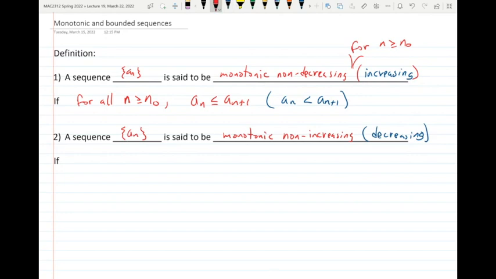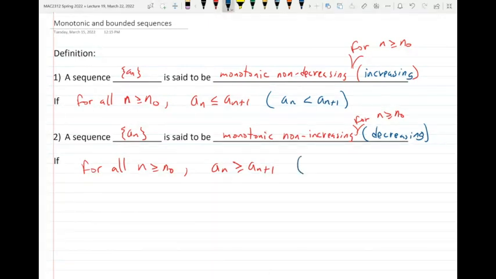Monotonic non-increasing, once again for n greater than or equal to n0, if for all n greater than or equal to n0, we have that a_n is greater than or equal to a_(n+1). So as you get deeper into the sequence, your terms are getting smaller and smaller. Okay, that's basically what we're saying. And if you want to say decreasing, then that's just a strict inequality.